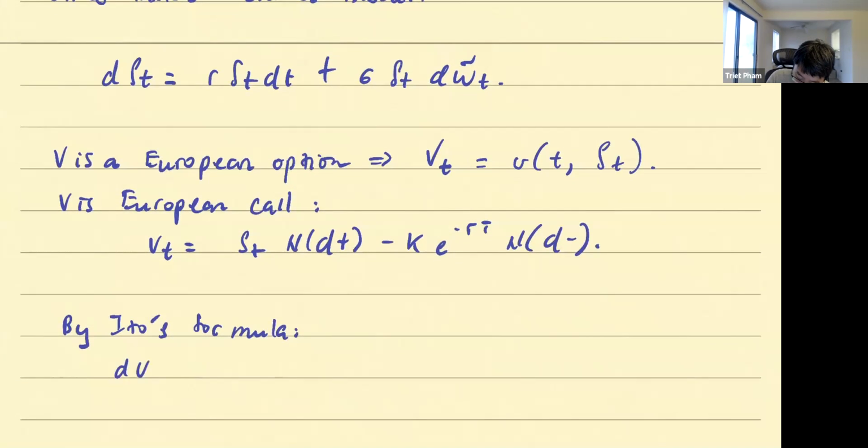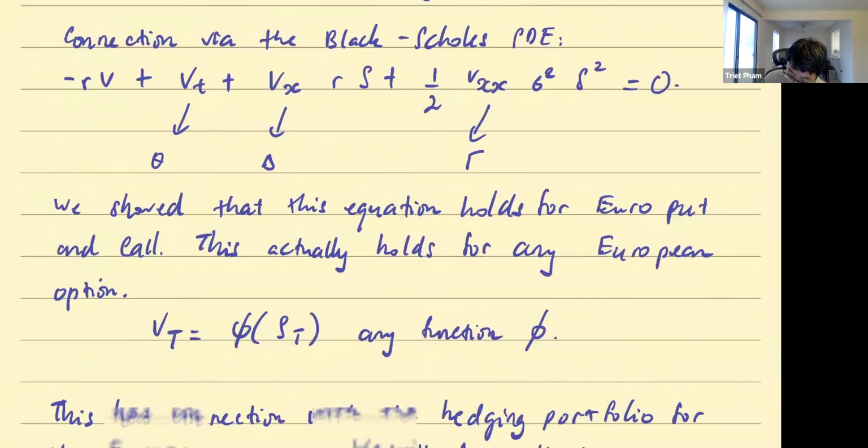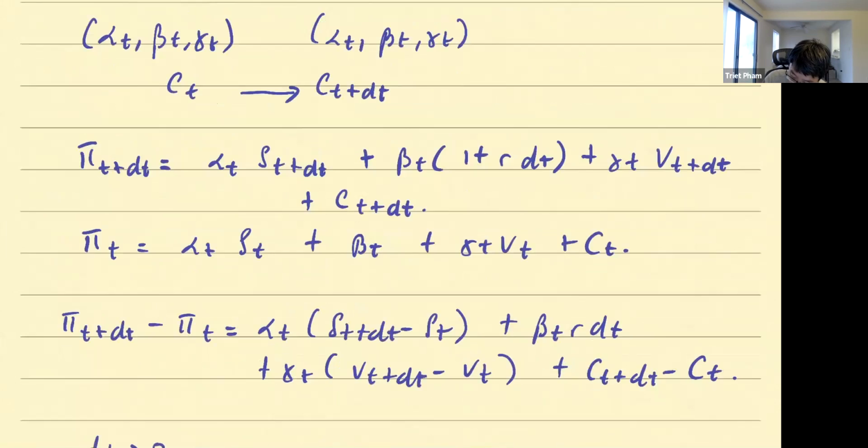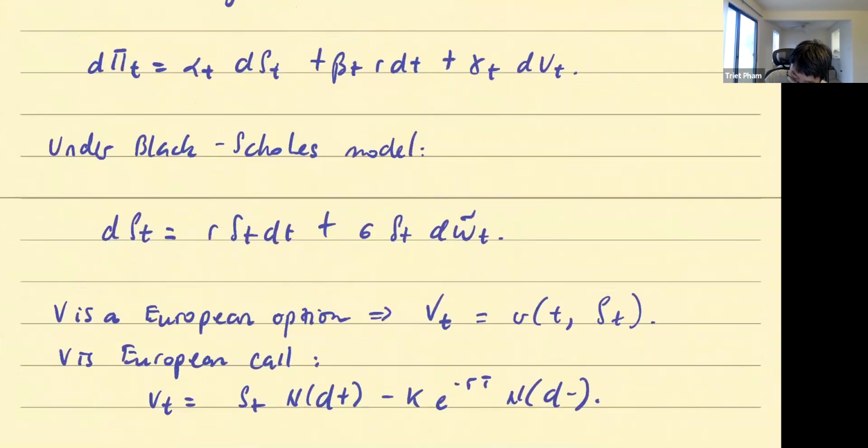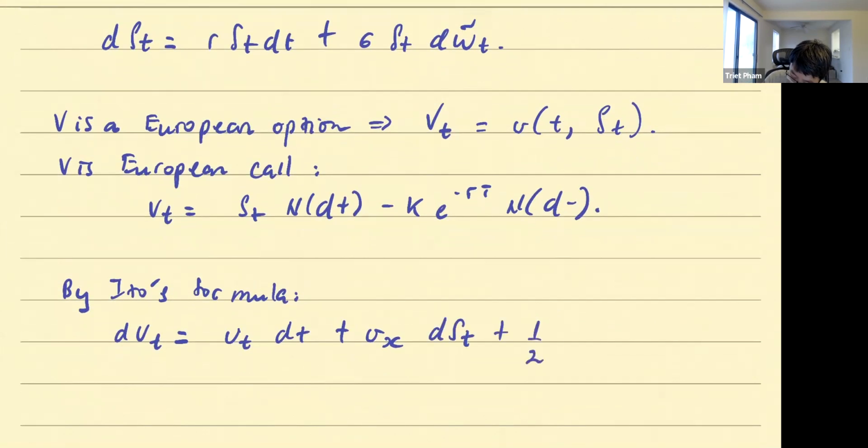By Ito's formula, dV t is V t dt plus V sub x dS t plus 1/2 V sub xx times the quadratic variation of S, which, if you remember that the stock price follows this dynamics, then it's going to be V t dt plus V x.